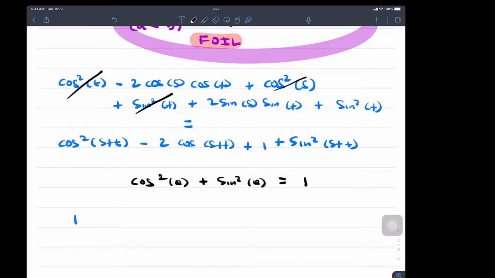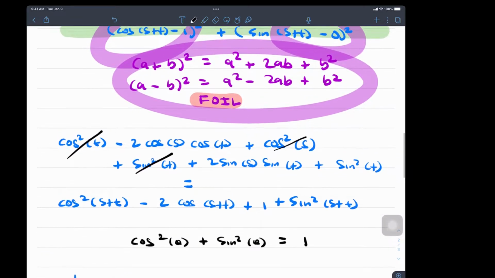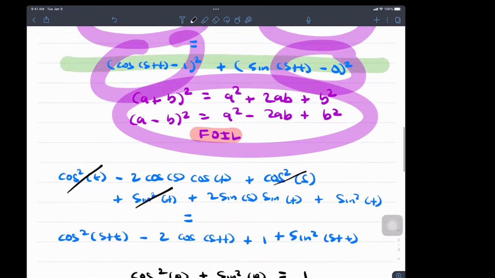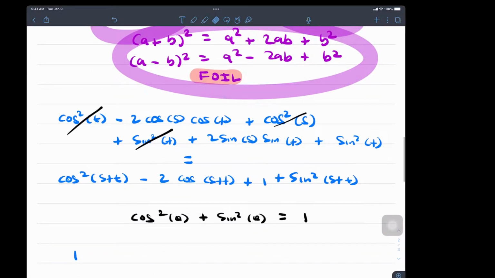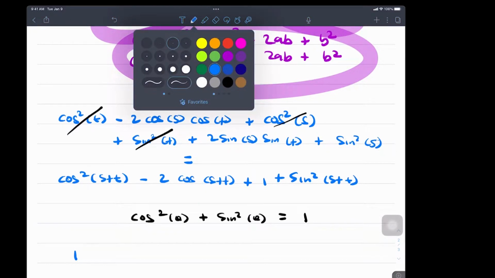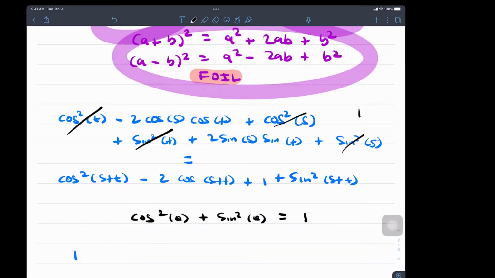Cosine squared s. And then there should be a sine squared s somewhere. Yeah, I think I wrote it sine squared t. There you go. Sine squared s over here. So this is supposed to be an s. And that's going to give me my next 1, right? So we got a 1 there.